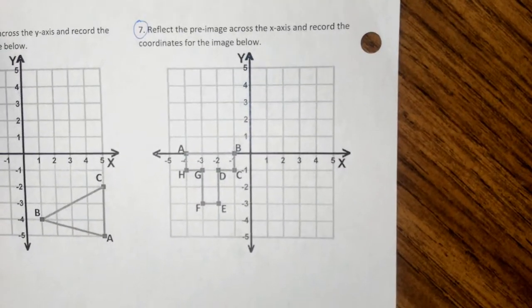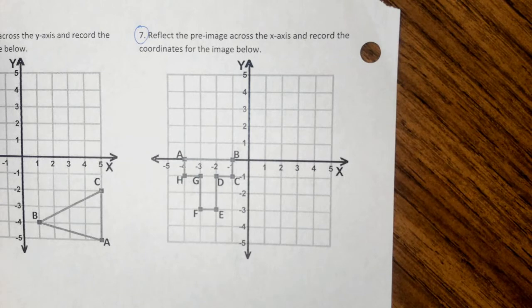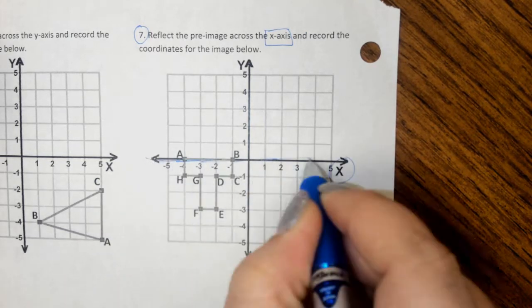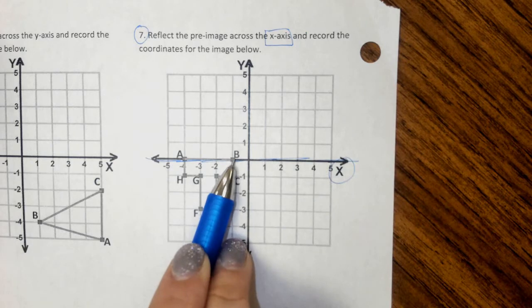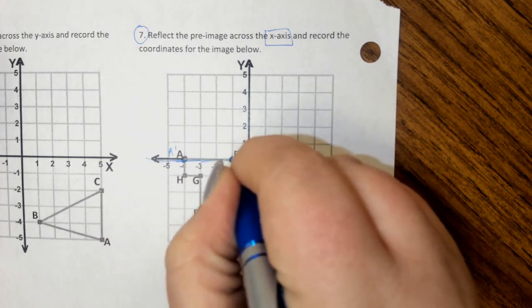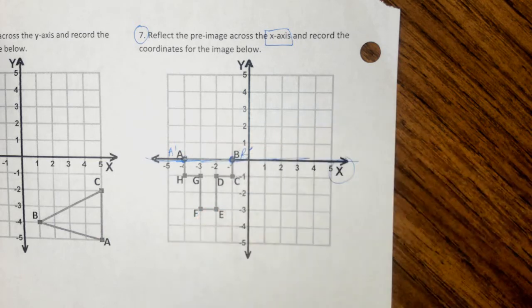It says to reflect the preimage across the x-axis and record the coordinates of the image below. The x-axis is the horizontal line. Notice A and B are on the horizontal line, so A prime and B prime are exactly the same as the preimage coordinates.